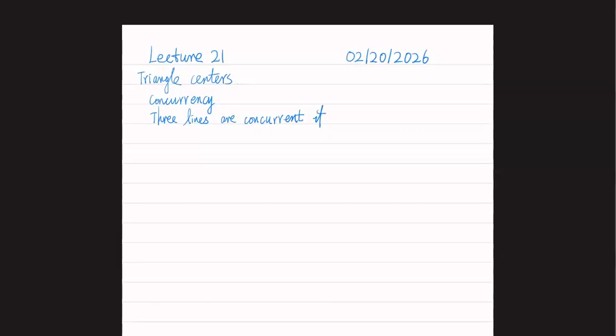They intersect. And this point is known as the point of concurrency.